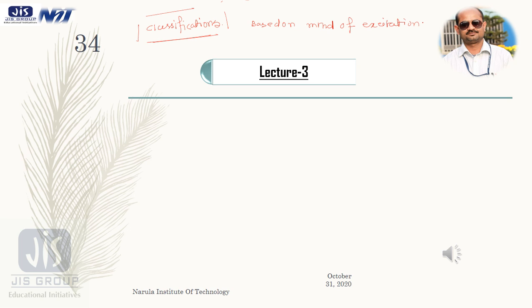Now what is excitation? Excitation means to initiate some action. So what is the initial action in any electrical machine? What is that initial action in case of DC machines?